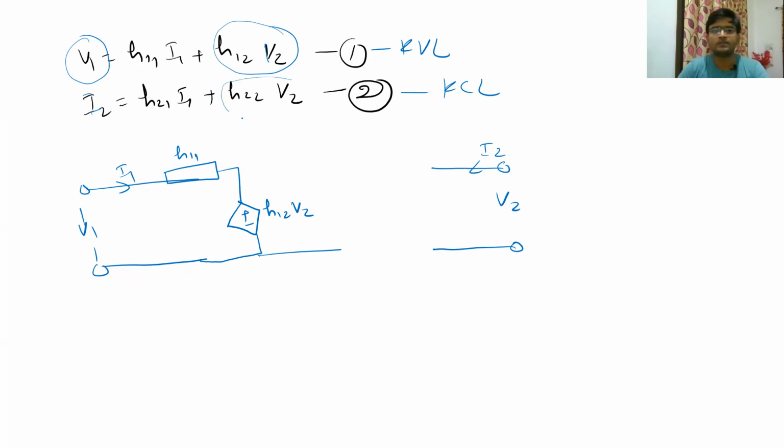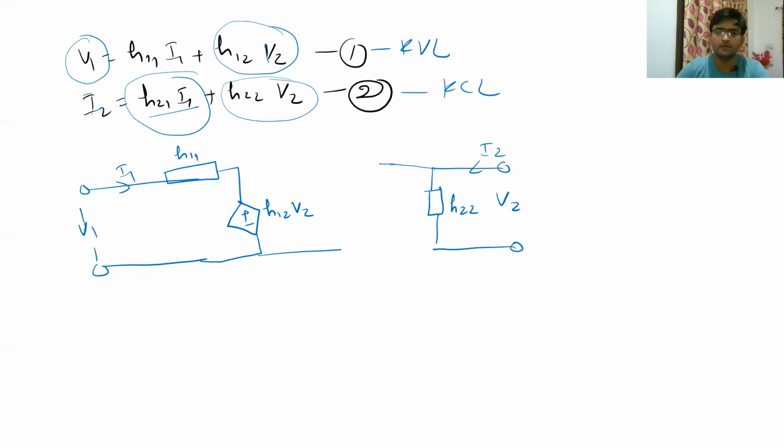Similarly, coming to the output side, this is the current equation. If you see the term H22 into V2, V2 is multiplied by H22, which is an admittance. So this will become H22 V2. And this term, H21 into I1, is also representing a current, but it is dependent on the current I1, which is at the input side.